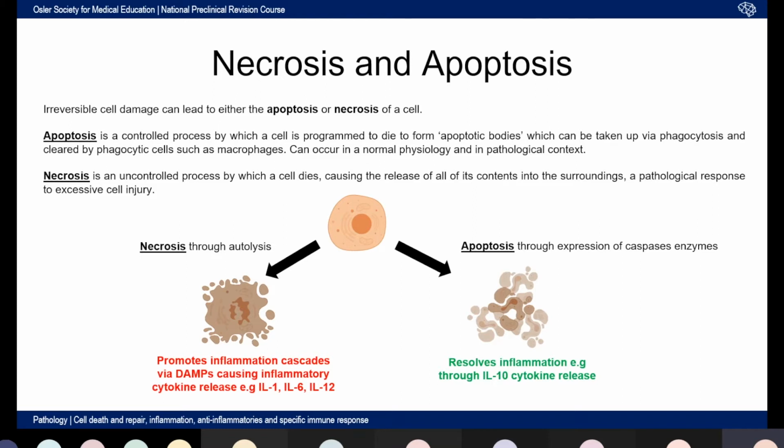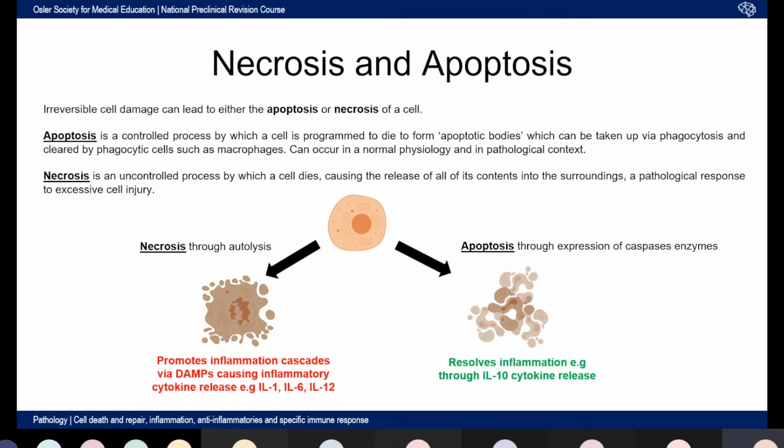Now, in terms of the enzymes you need to be aware of for apoptosis, there's two sets, which I have not written on the slide. There's initiator caspases and executioner caspases. Initiator caspases are the caspases that get activated upon detection of damage.